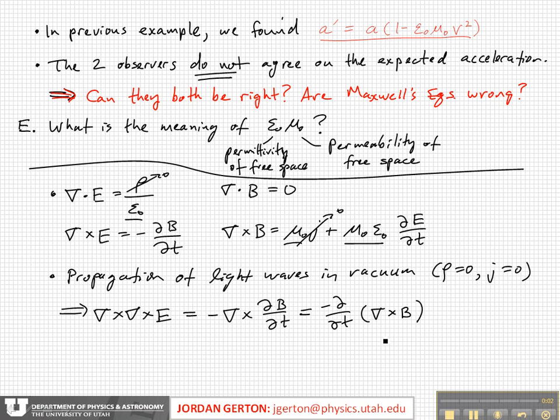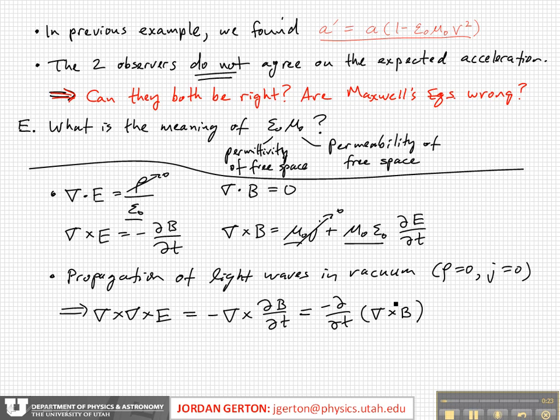Okay, so here's where we left off. We have taken the curl of this equation, and so we take the curl of the left and the right hand side, and then we can rearrange this part, bring the time derivative out, the curl in, and we get this.